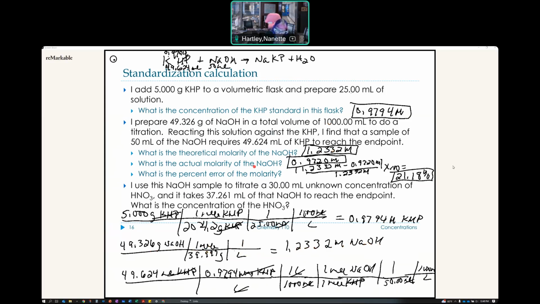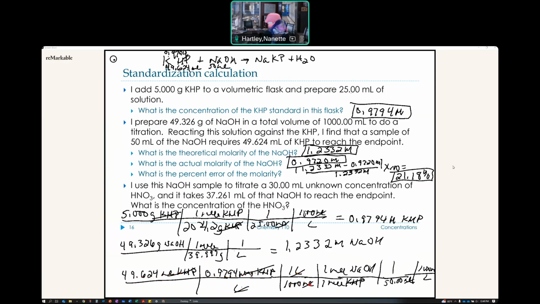Now my actual molarity is going to be based on the amount of KHP that was used to titrate it. So 49.624 milliliters of KHP were used, times the concentration of that solution, 0.9794 moles KHP per liter. I do 1 liter is 1,000 milliliters to get the units right. So my milliliters have canceled with the milliliters here. The liters have canceled with the liters there.